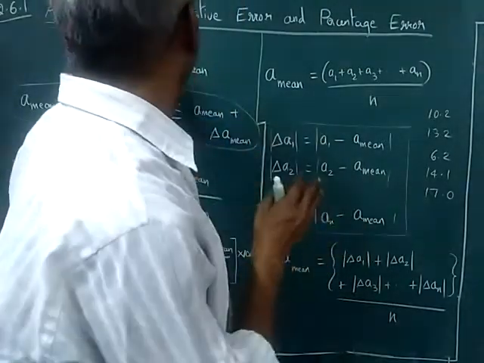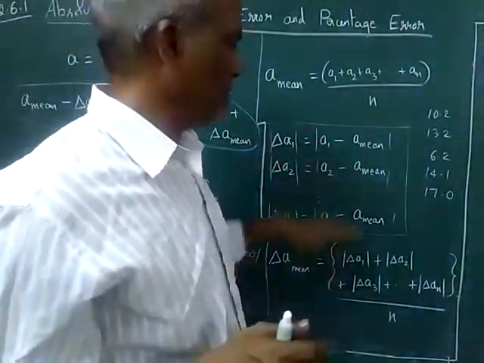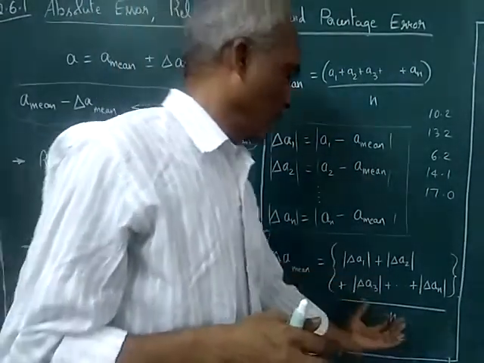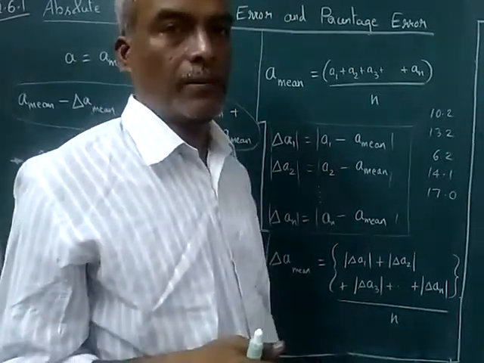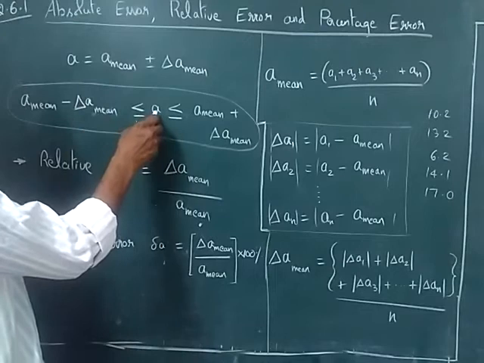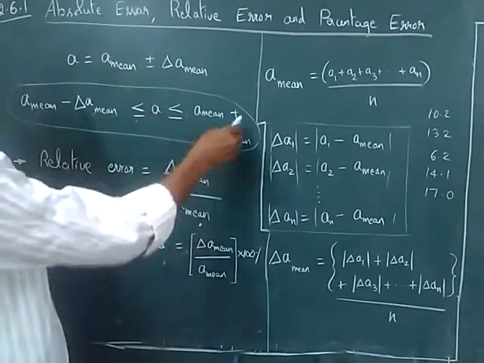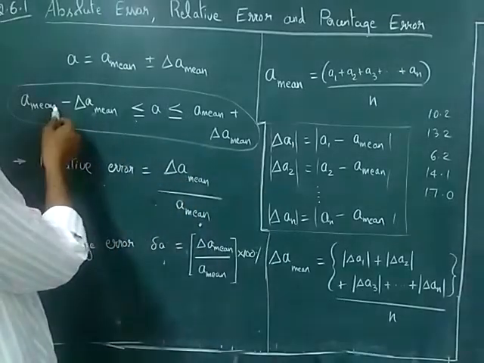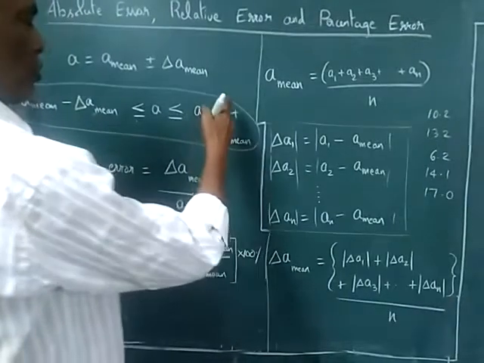That will give you the absolute error. Similarly you do this for all other quantities, add up everything and divide by n, the number of observations, and that will give you del A mean. Now we have defined the value of A. The A value will be between A mean plus del A mean and A mean minus del A mean, so the value lies within this range.